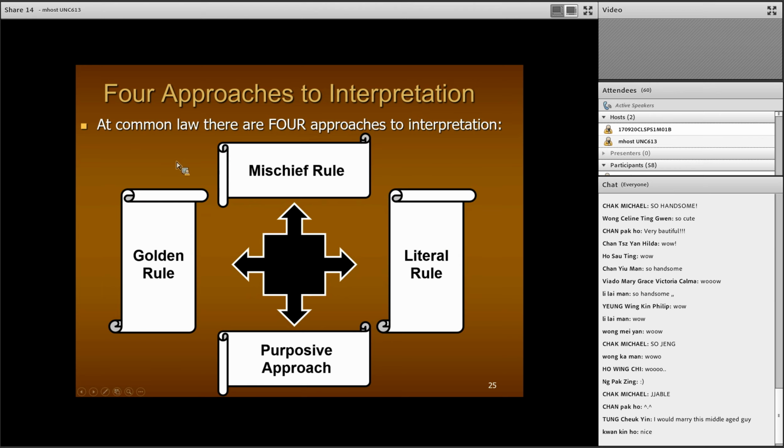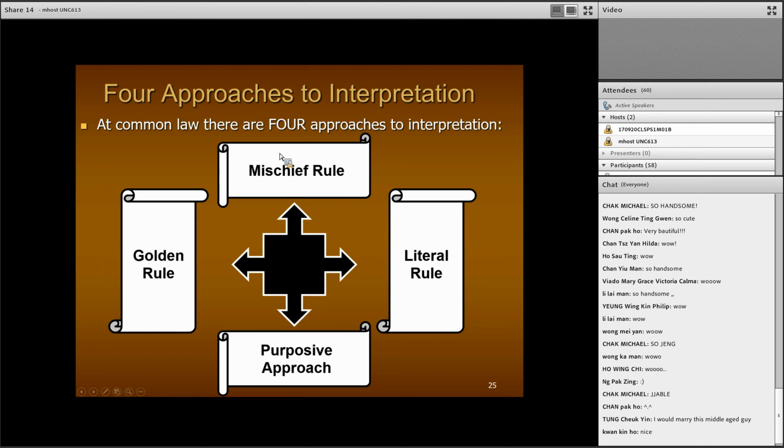In fact, they can be grouped into 2 categories. The literal rule is the first category. The mischief rule, golden rule, and purposive approach can be classified as the second category. The major difference is that the literal rule looks at the wording of the legislation. It just looks at the literal meaning of the wording. For the second category, they look at the purpose, the intent, the spirit of the legislation. They look at the intention behind, the purpose behind.